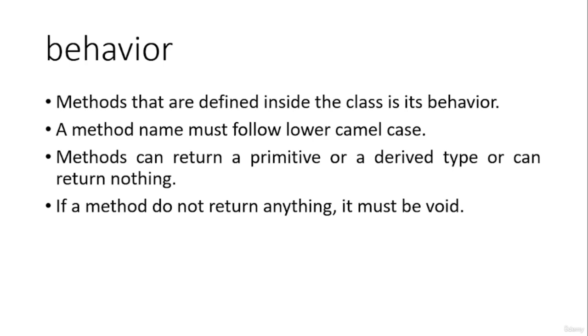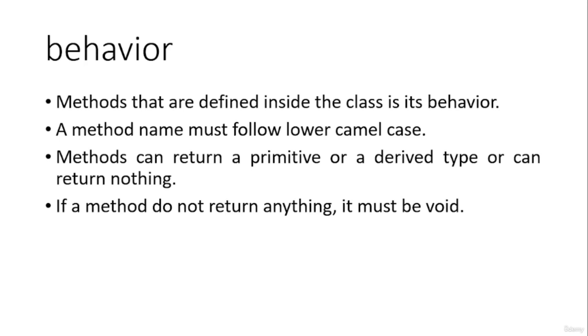So fly will be a behavior for a bird. Like that, for each object there will be some specific task or functionality it can perform. These functionalities are called behavior, and behaviors are considered to be methods in Java. So we write specific methods for a particular class, and then we handle the behaviors.